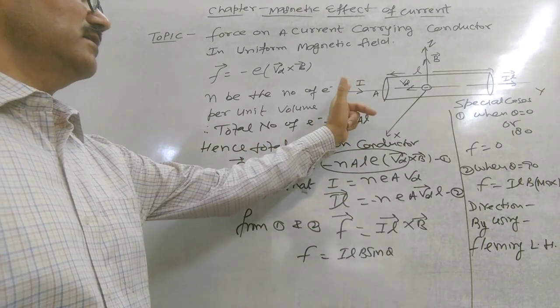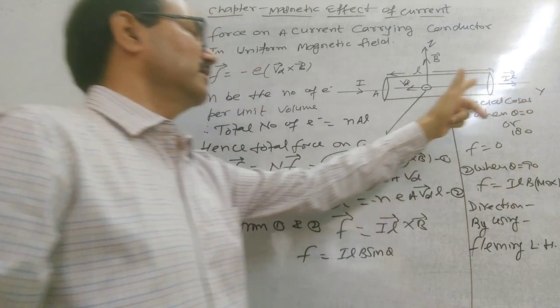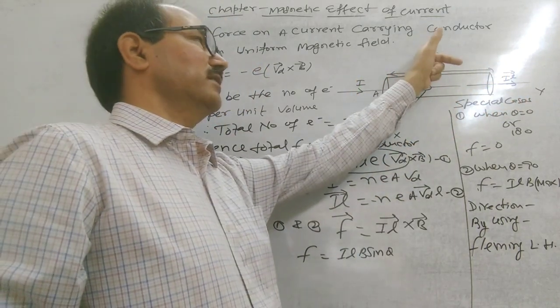And here the direction of current is along y-axis and the magnetic field is along z-axis.